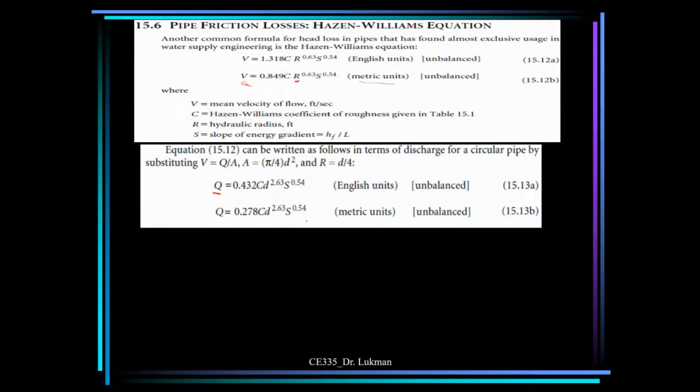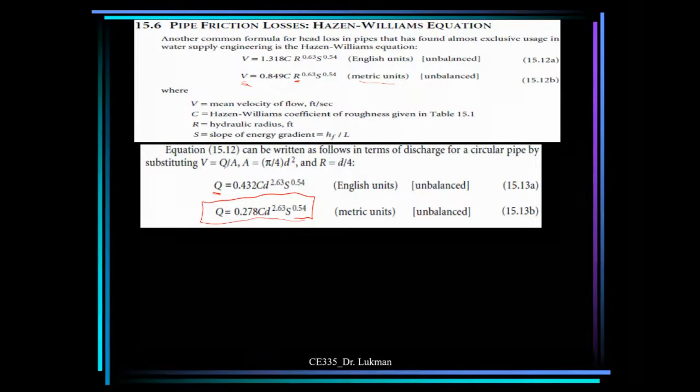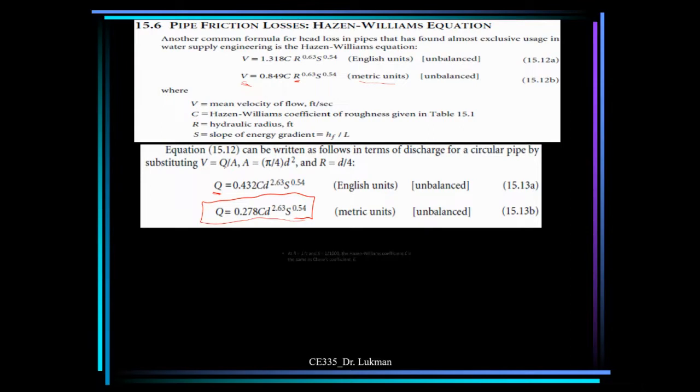This is the flow rate equation, in terms of the diameter and the energy slope, the slope of the energy gradient. C is the Hazen-Williams constant.